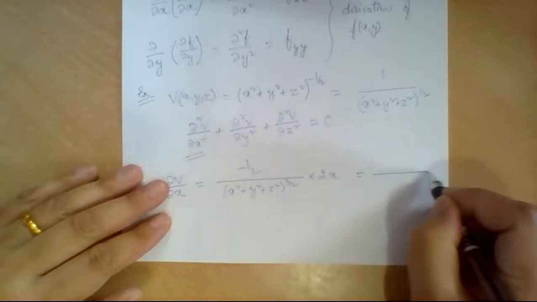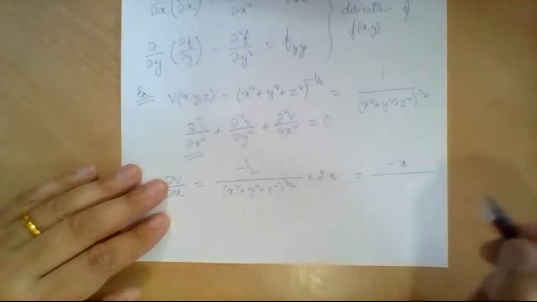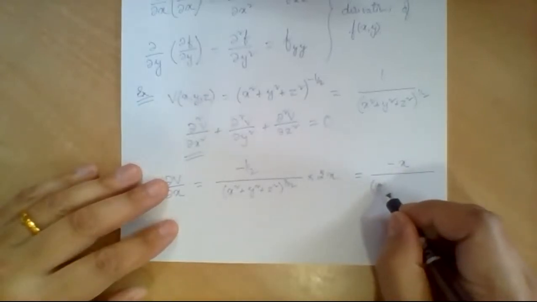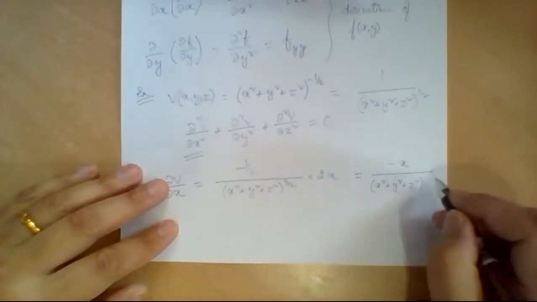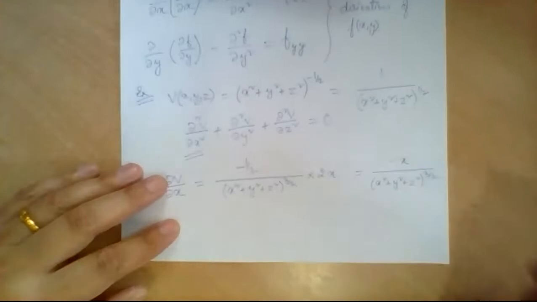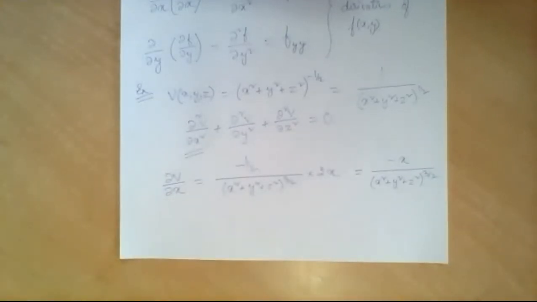This is minus x divided by x square plus y square plus z square to the power 3 by 2. So this is the first order derivative of v with respect to x.